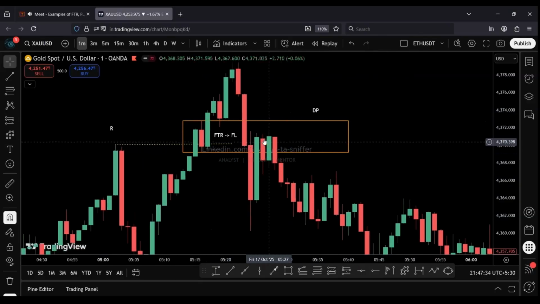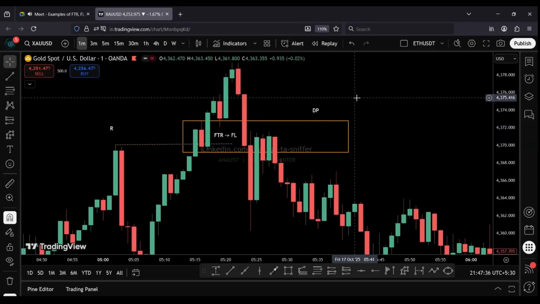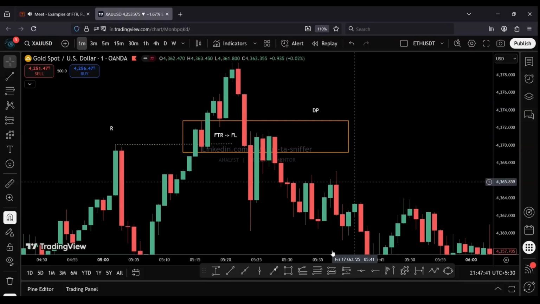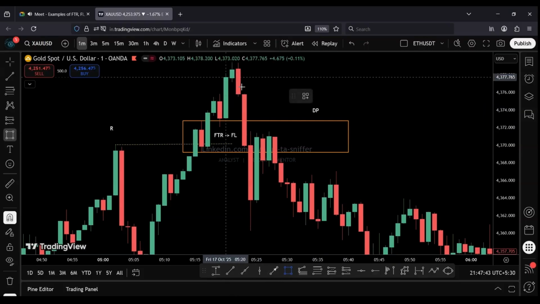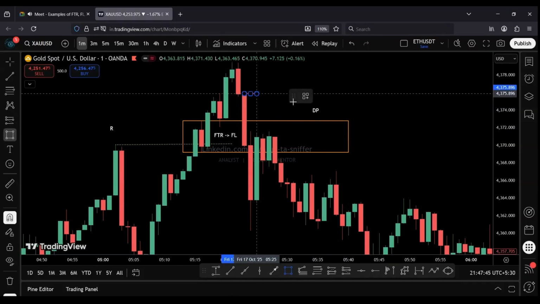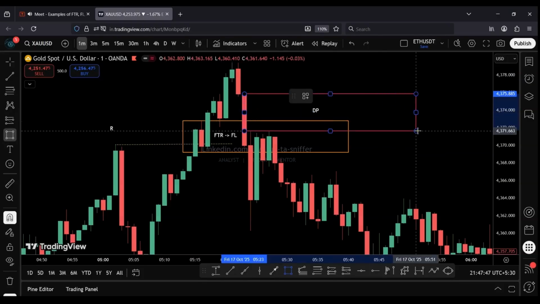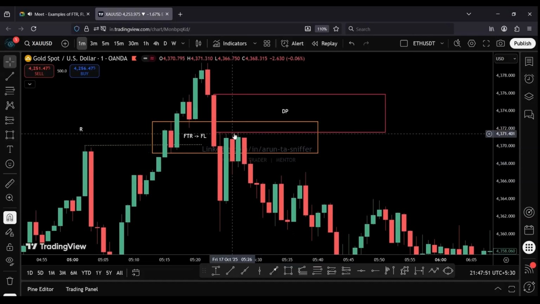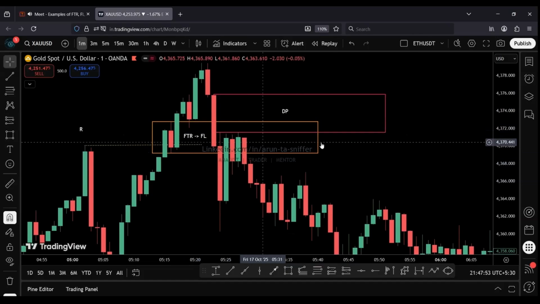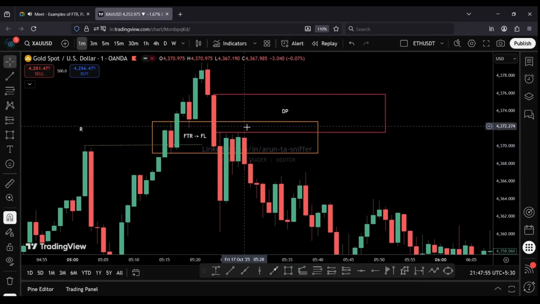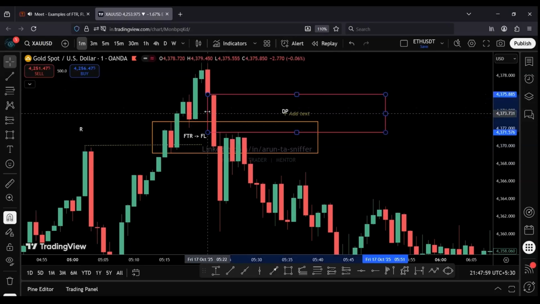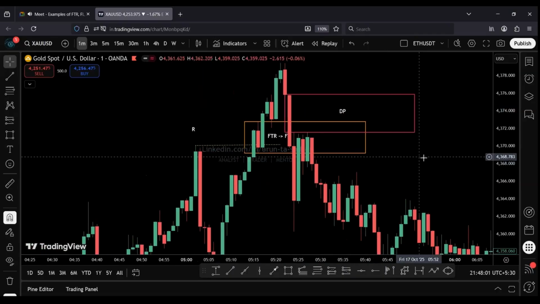We will draw a zone from here to this candle, the top of the candle until here. Why? The orders have already been taken till here. So where are the orders left? Above this. So this will be our left area in the DP.